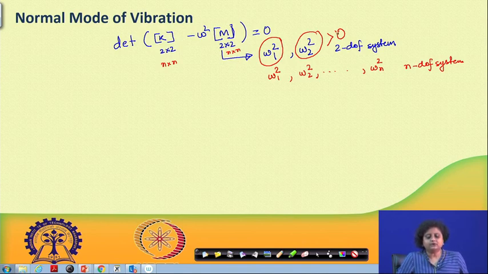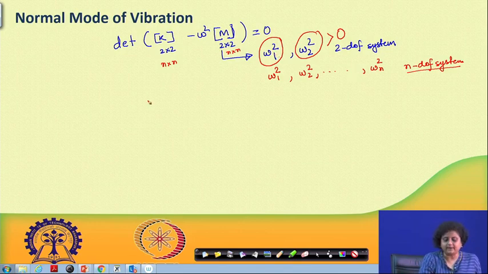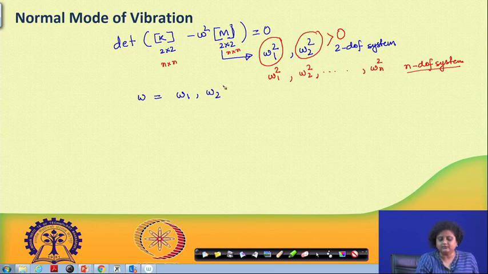Therefore, the solution of this equation always gives positive omega 1 square and positive omega 2 square, and so for an n degree of freedom system all the solutions are going to be positive, so that the root is going to be a real number. So now I have got the values of omega: omega 1 and omega 2. These two are of course going to be real numbers.